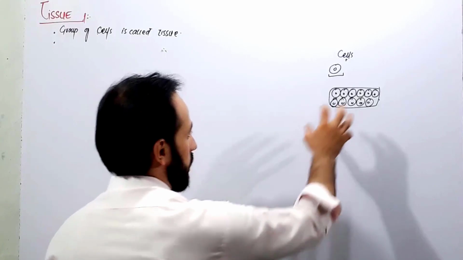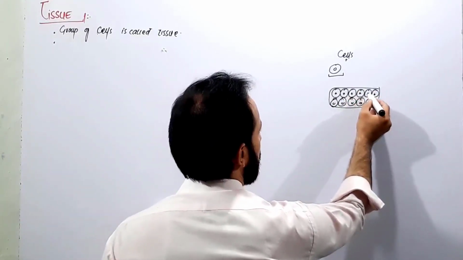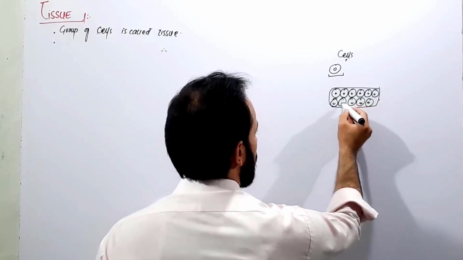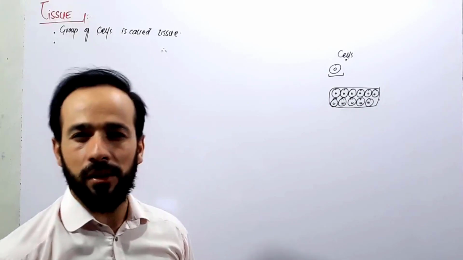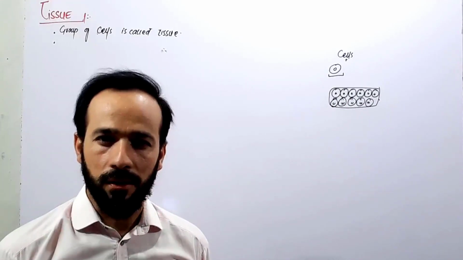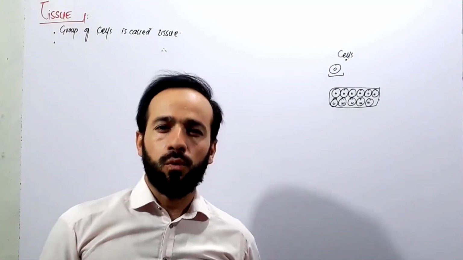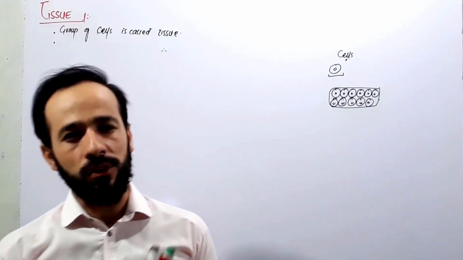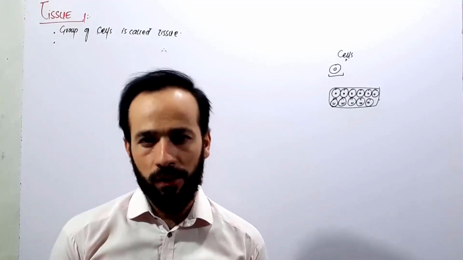Look carefully, we will take it from here. Friends, you know that all these cells are the same. Look carefully. All these cells are the same. So if these cells are the same, they will be structurally and functionally the same, right? So we say a tissue has cells which have the same structure and the same function, right?